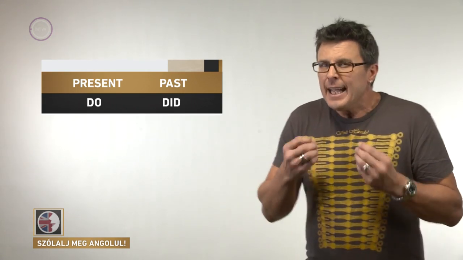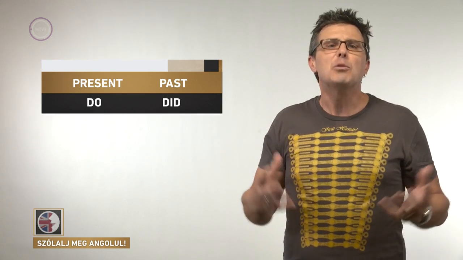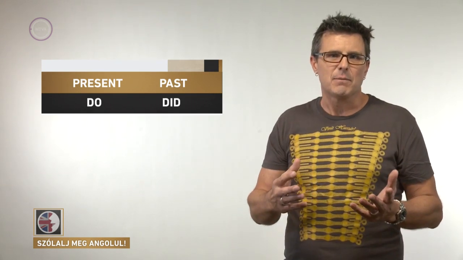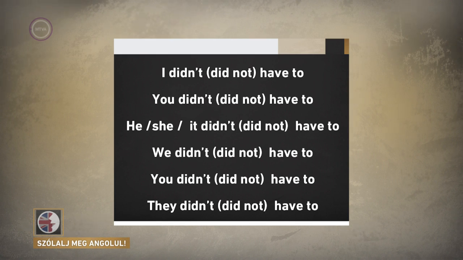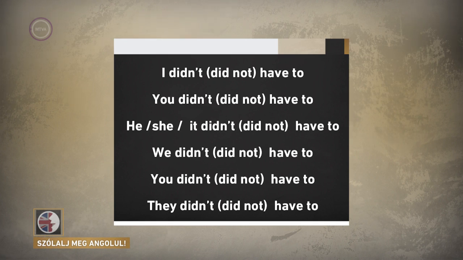Again, it's very simple because we don't need to change anything. All the subjects use did. So I didn't, you didn't, he, she, it didn't, we didn't, you didn't, and they didn't. Then we add have to and follow it with an infinitive without to.